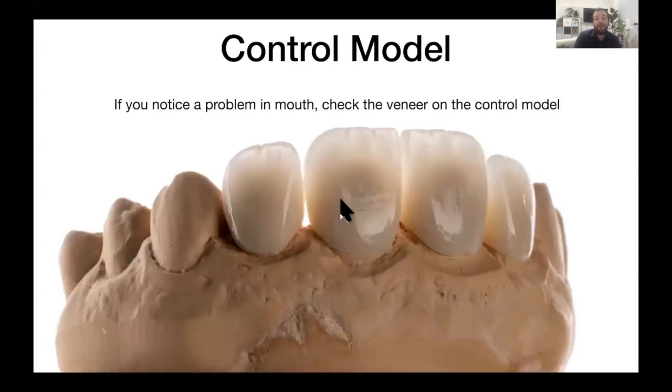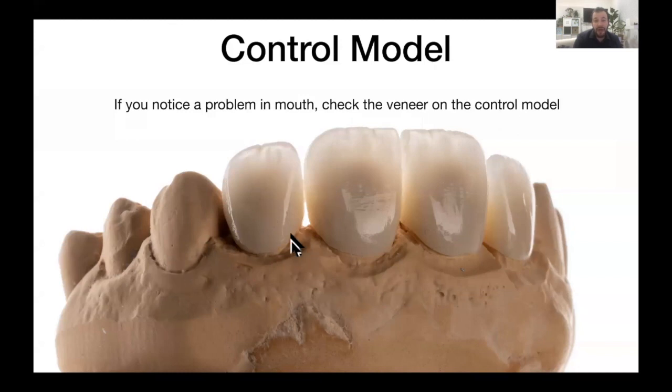And please remember that if you run into a problem in the mouth, always check the problem on the cast. That means check it on the control model, which is a cast that is not separated or appendixed.